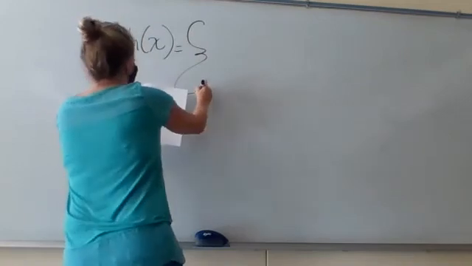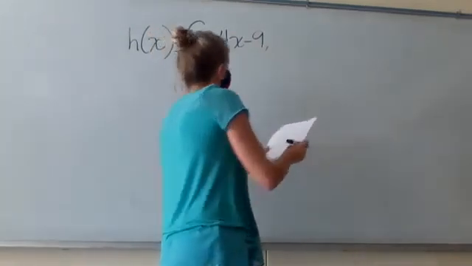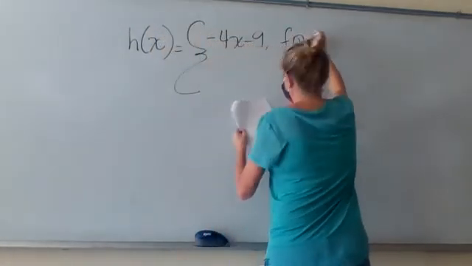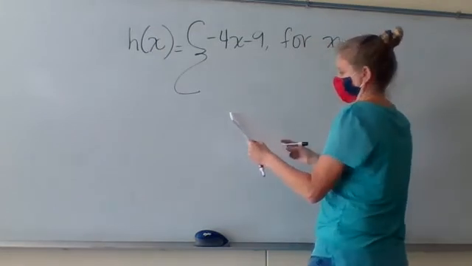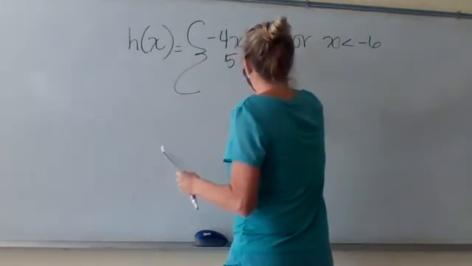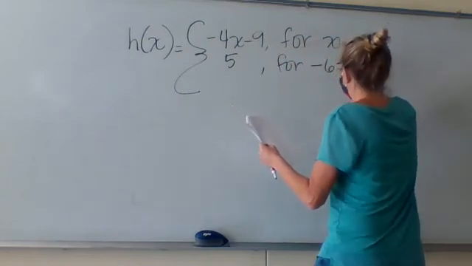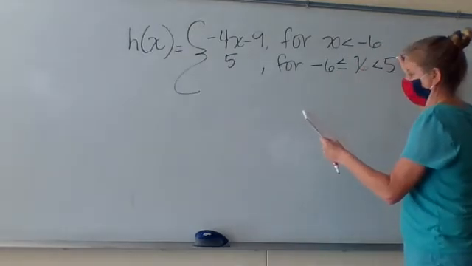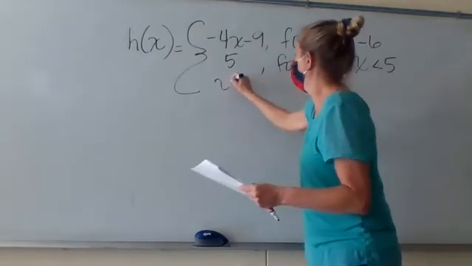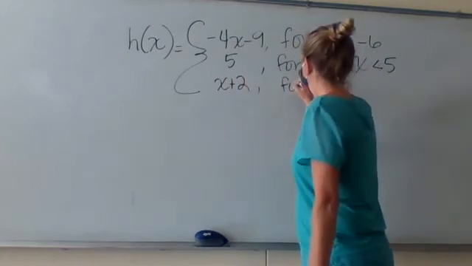The first piece is negative 4x minus 9 for when x is less than negative 6. Then just plain old 5 for when negative 6 is less than or equal to x, which is less than 5. And x plus 2 for when x is greater than or equal to 5.